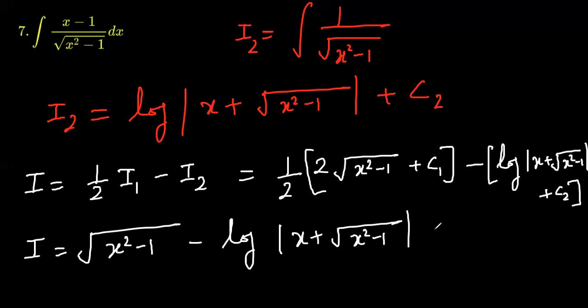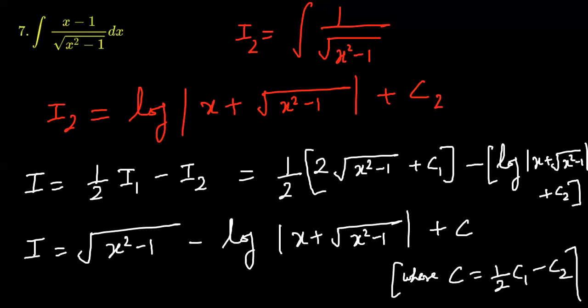So we can write plus c for both, where c is equal to half c1 minus c2. These are constants, and the difference of the two constants will still be a constant. We are writing that by c. So that is your final answer.